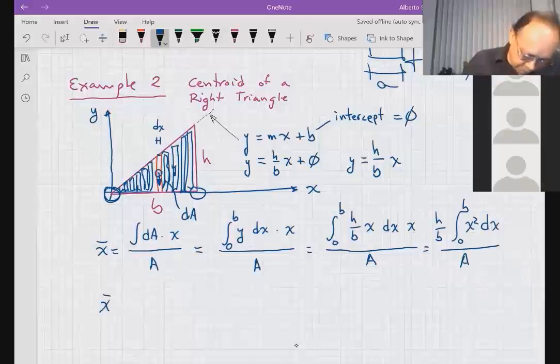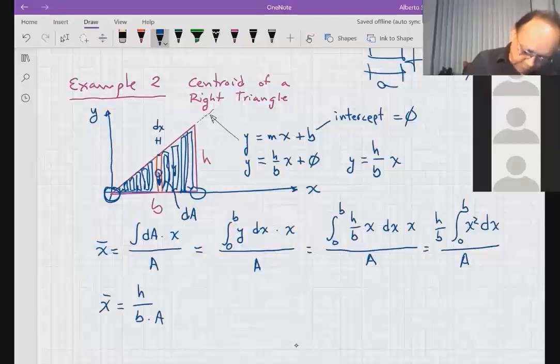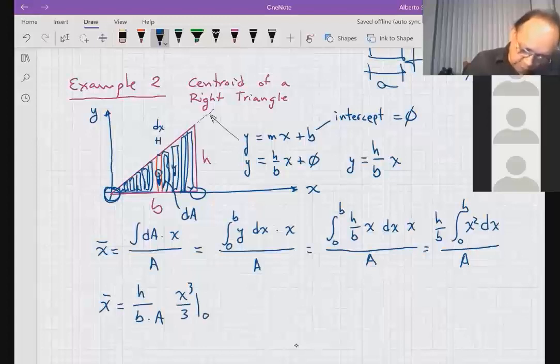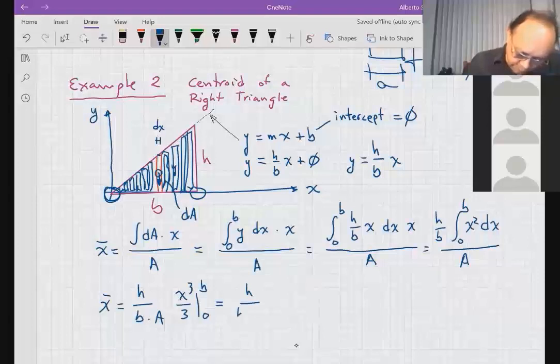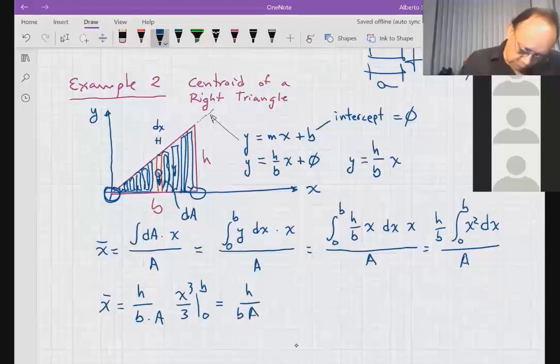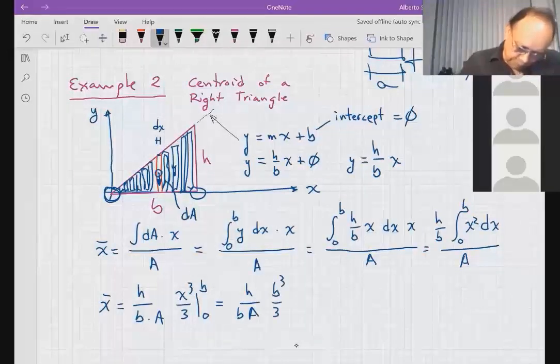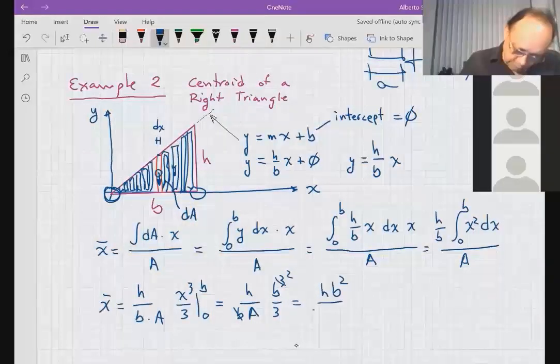So x bar is going to be equal to h over b times area for x cubed over 3 from 0 to b. So equals h over b A, b cubed over 3. So this becomes square. So we have h b squared over 3A.